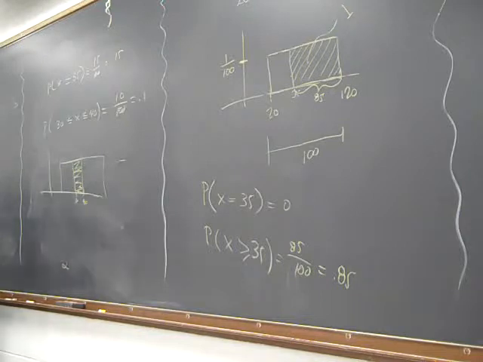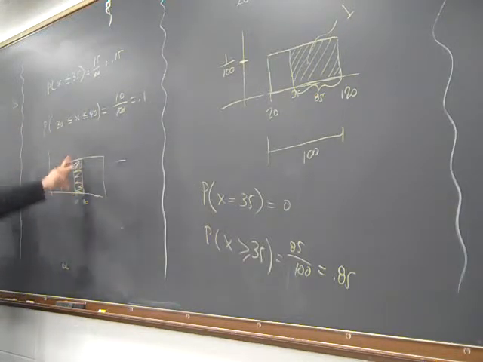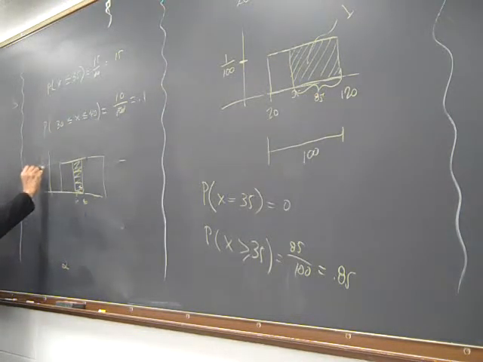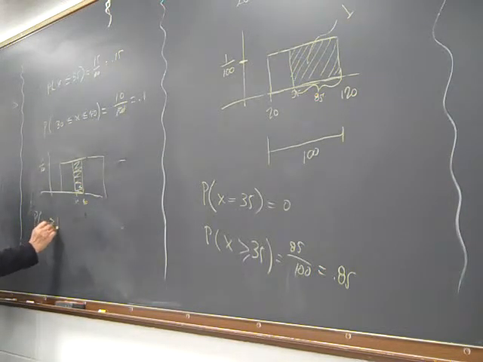Because whenever I want to know the probability, I need to know the area. And the area in any rectangle is the base times the height, and that's it. And the height is always 1 divided by 100 in this problem. In another problem, it's going to be another thing. It's 1 divided by b minus a. What is the probability that the next bill is greater than 130?